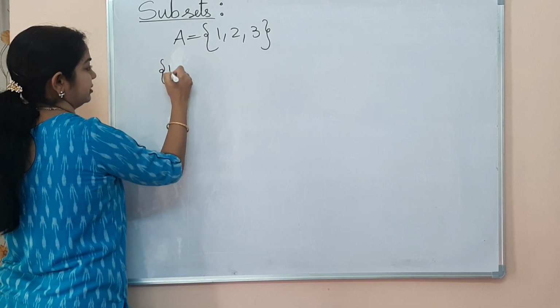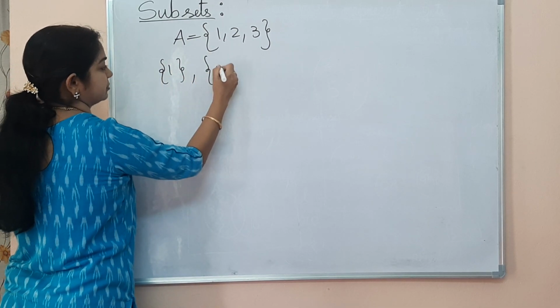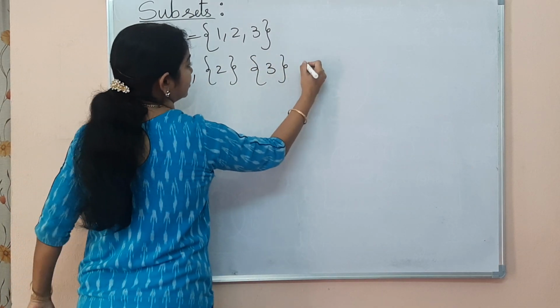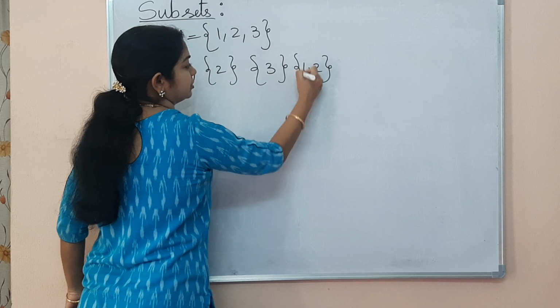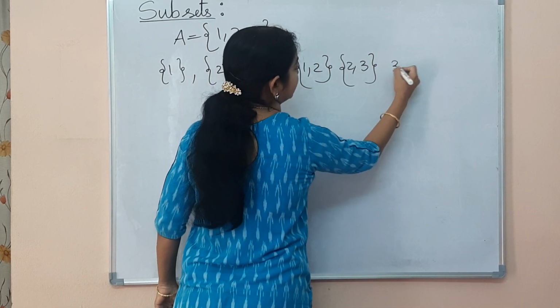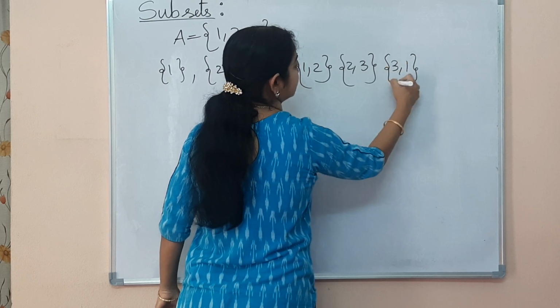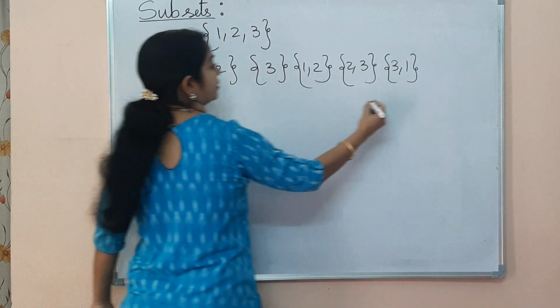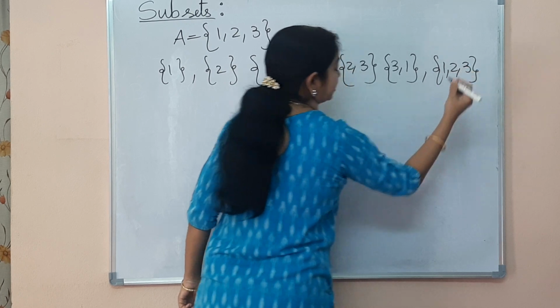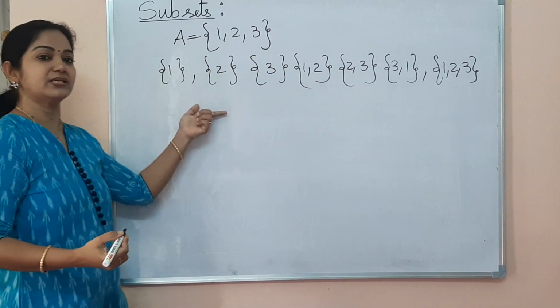If I say the set {1}, {2}, {3}, or {1, 2}, {2, 3}, {3, 1}, also the set {1, 2, 3}. Okay. These are all the subsets of the set.